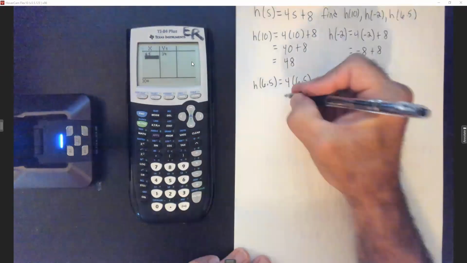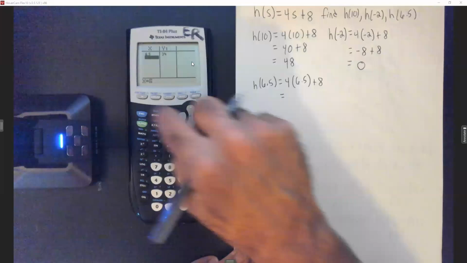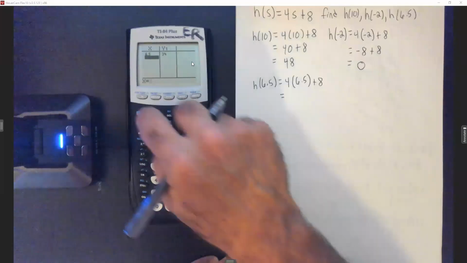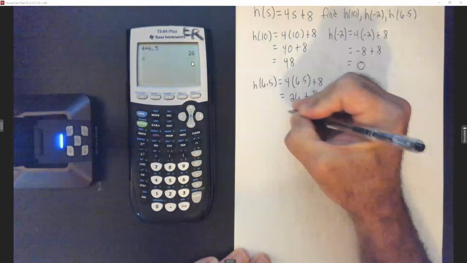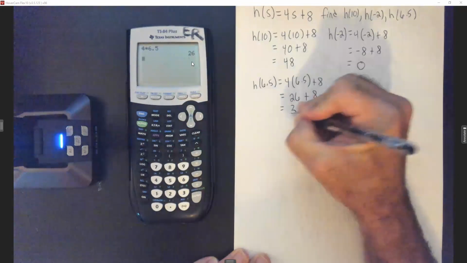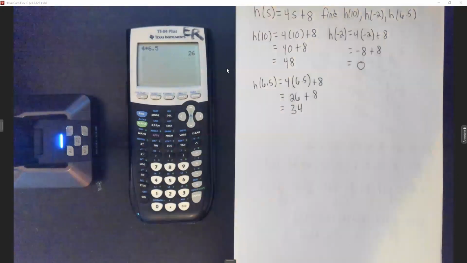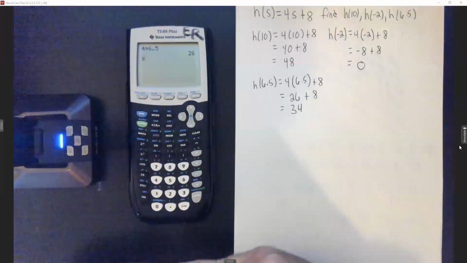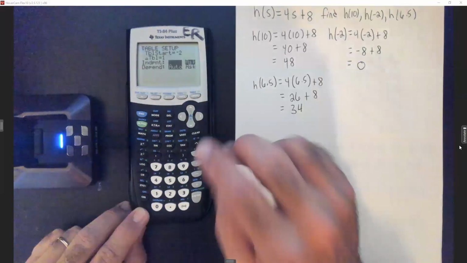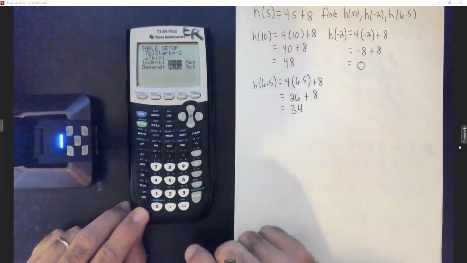So let me clear that. 4 times 6.5 is going to give me 26. And y'all look at that. 26 plus 8 is definitely 34. So you can get it to do that on the calculator if you change your table down here from automatic and have it ask on those, okay?